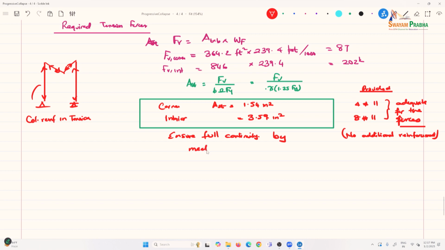Additional things you might have to do here are mechanical splices, or if you provide additional reinforcement, you provide it. Using regular reinforcement, you can leave it. Additional reinforcement, you can provide this way, whichever you decide.